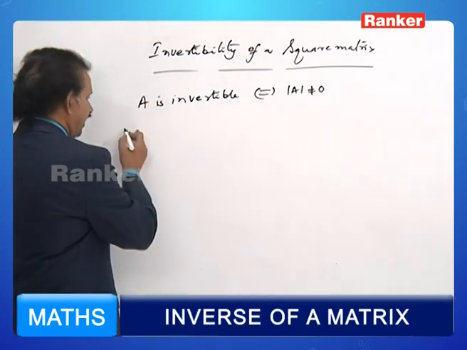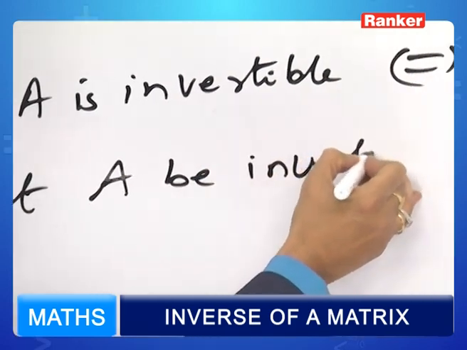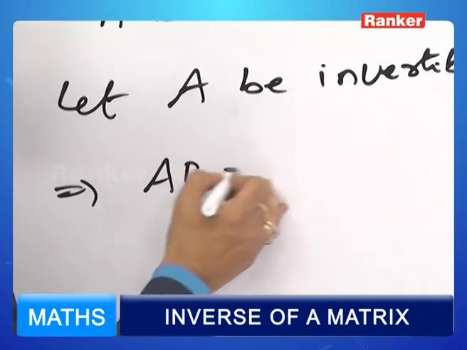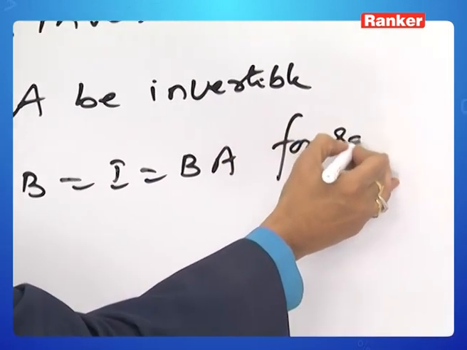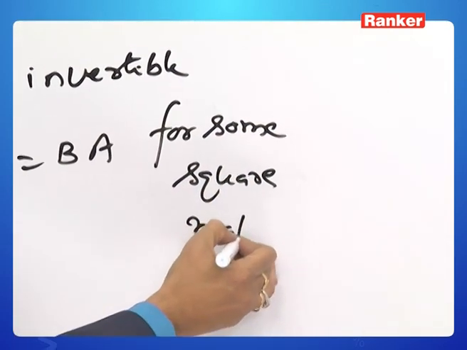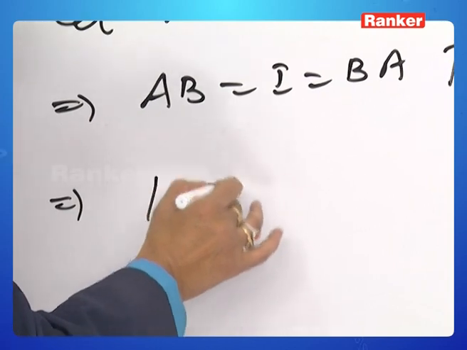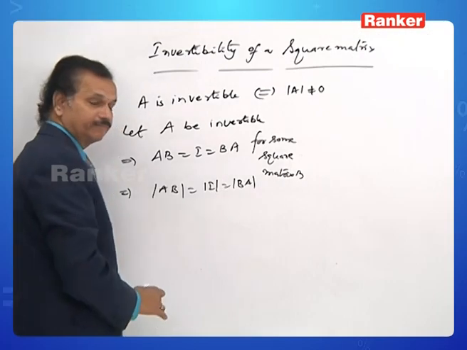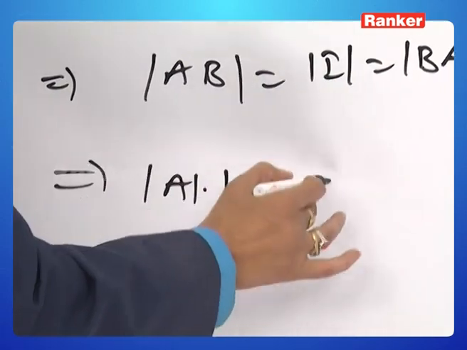That is, let A be invertible. This implies AB is equal to I is equal to BA for some square matrix B. Consider that here, det AB is equal to det I is equal to det BA. Det A into det B is equal to det I, which is 1.